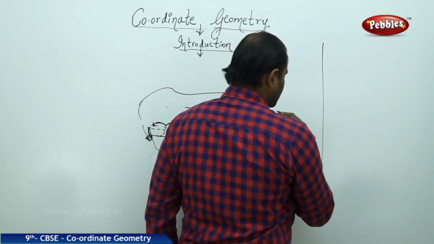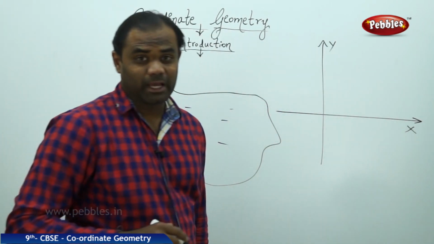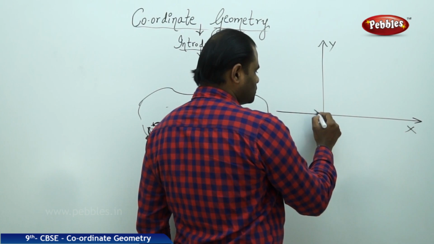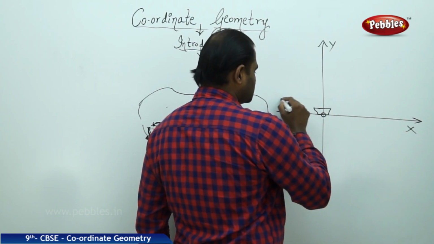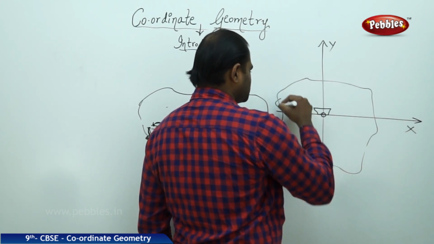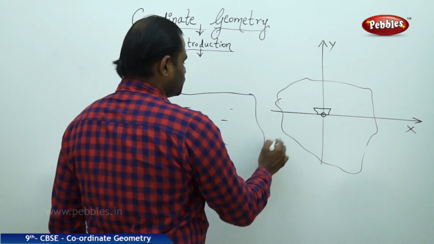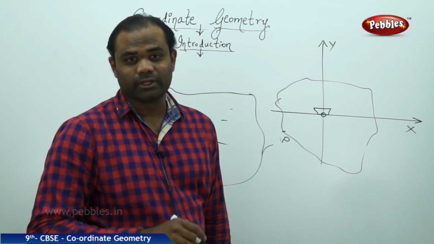So I assume a graph. I assume x and y axes intersecting at the origin, and I assume the ship is at the origin initially, assumed in the sea. Now his destination to reach point P is identified through coordinate geometry.